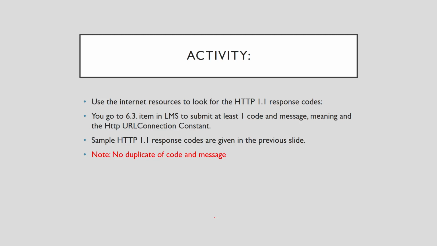Samples of HTTP response codes are given in the previous slide and also in the 6.3 item in LMS. Please be noted that no duplicate of code and message. Meaning if there is already a code and message sent with 100 continue, you cannot submit that code and message anymore.